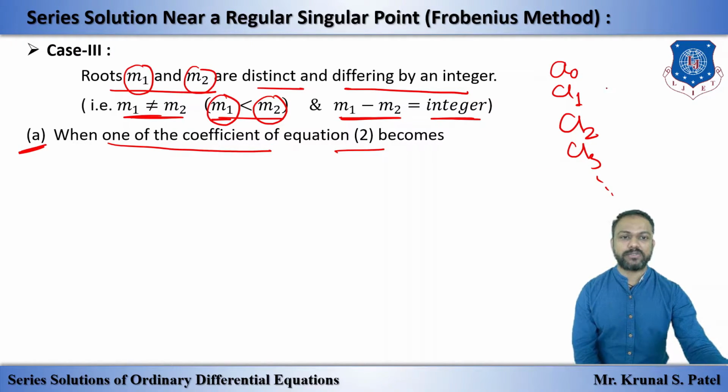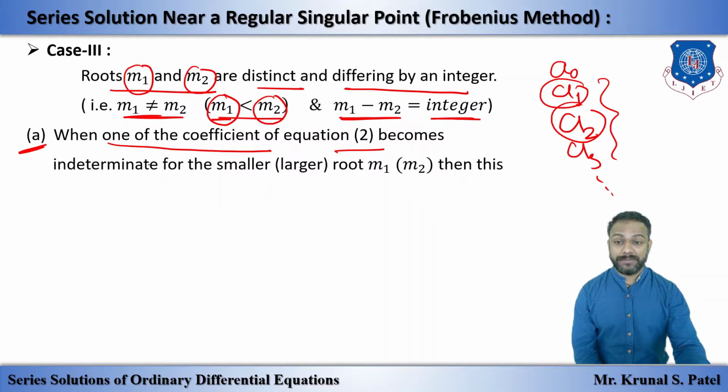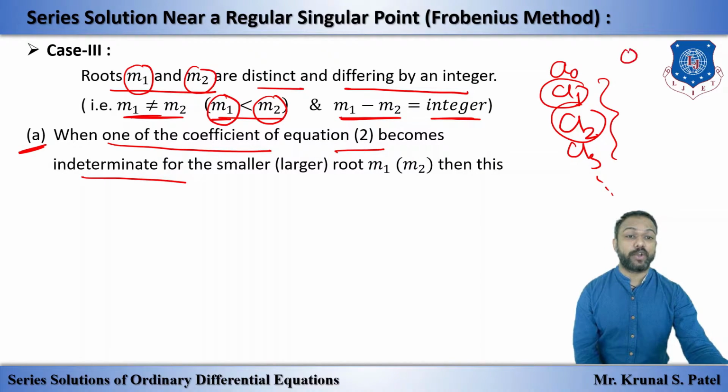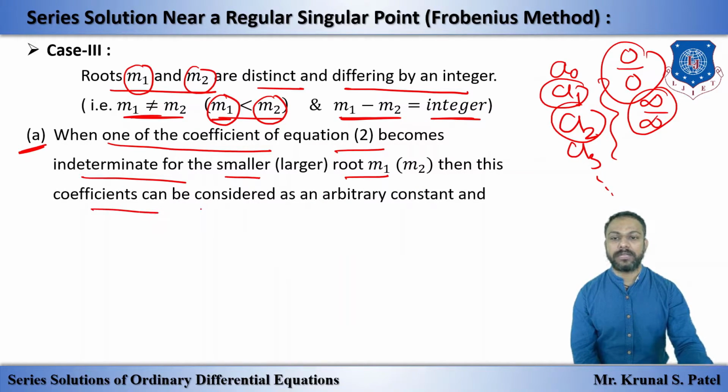So if any one of these coefficients, a4, a5, any of them, becomes indeterminate, that means 0 by 0 or infinity by infinity, for the smaller root m1, then this coefficient can be considered an arbitrary constant.